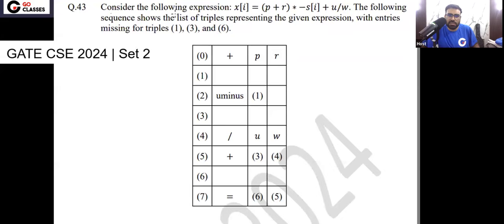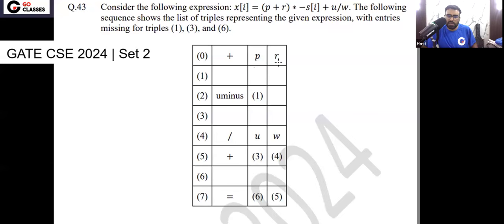In this question some expression is given to us. This is a dangerous looking expression, yes or no? Xi is assigned p plus r multiplied by the unary minus si plus u divided by w. The question asks that the following sequence shows the list of triples representing the given expression, with entries missing for triples 1, 3, 6.